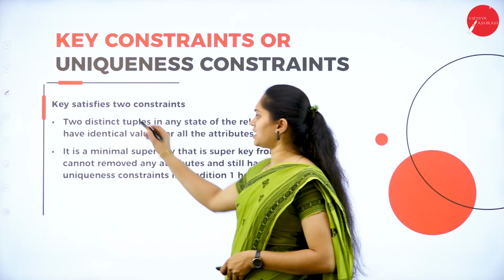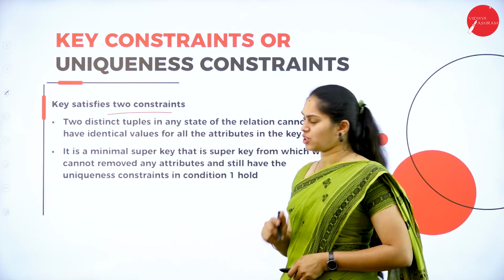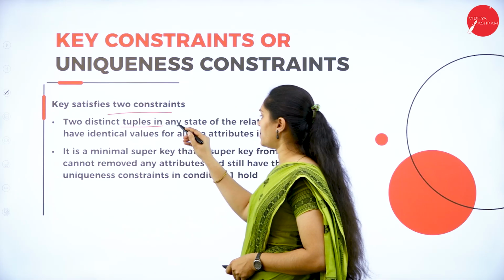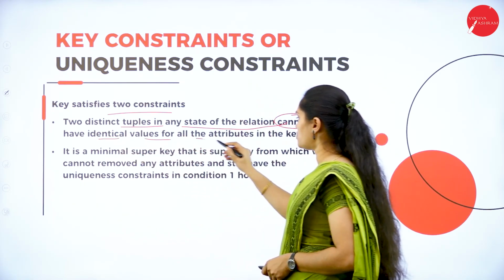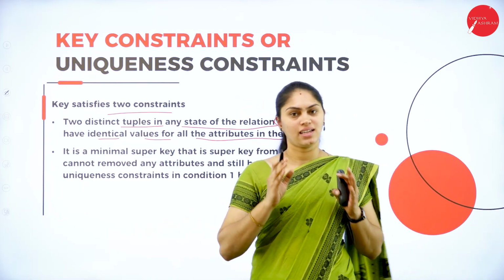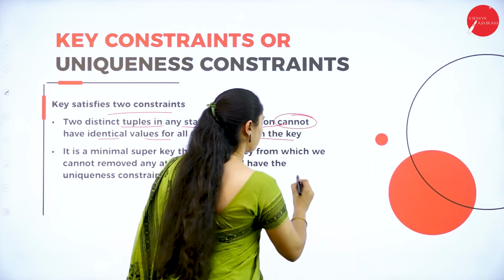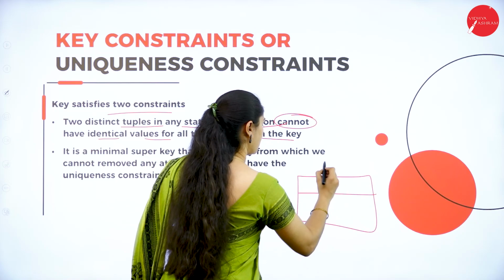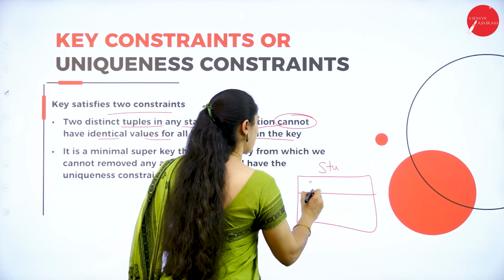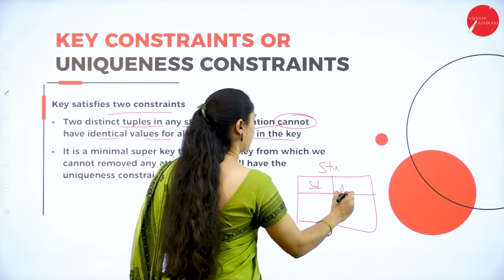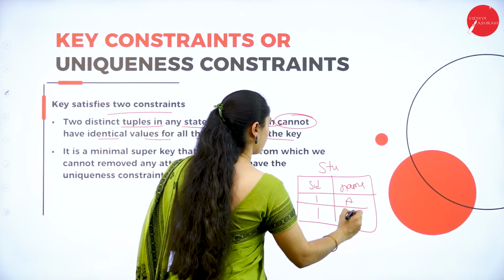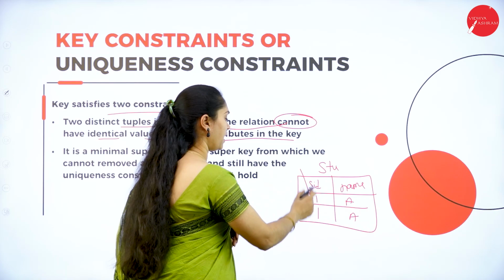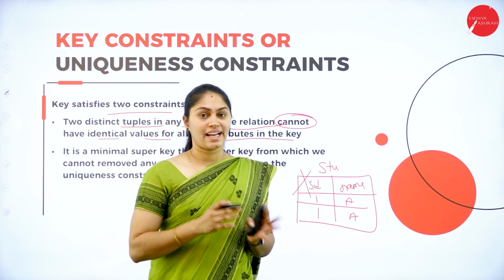So here you can see that it has to satisfy two conditions. Two distinct tuples in any state of the relation cannot have identical values for all the attributes in the key. For example, if you consider the student ID and name, this can't be allowed for the relation here.